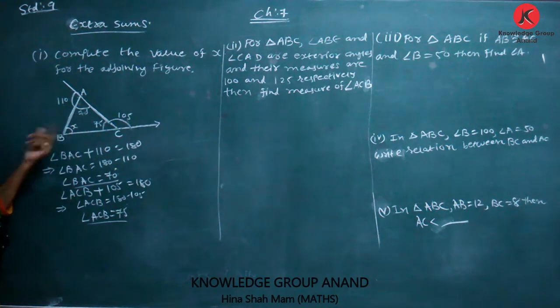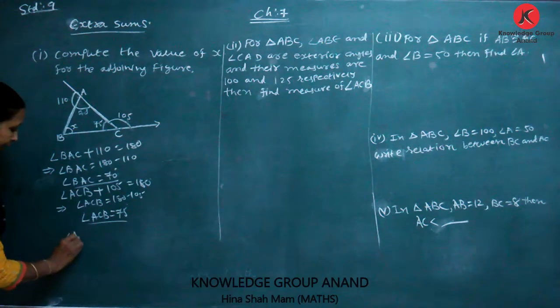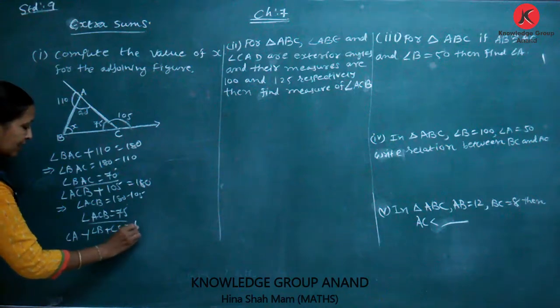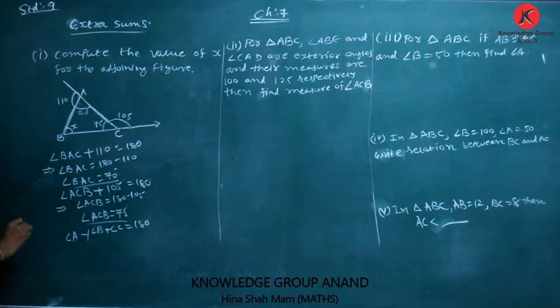Find two angles, then find the other angle. Angle A plus angle B plus angle C is equal to 180.